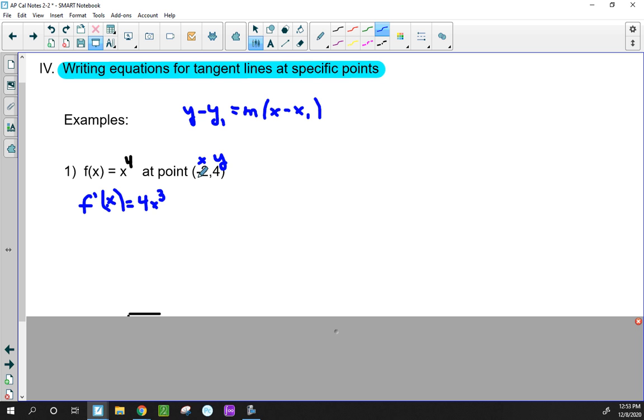Now we're looking for a specific tangent line. This is just the general one. You heard me describe this in the last section. This is a slope that I would use for all points on this graph, but I'm looking for the specific point, -2, 4. So please notice my notation. You would then bring down your derivative, and instead of using x, you would put a -2 in x's place.